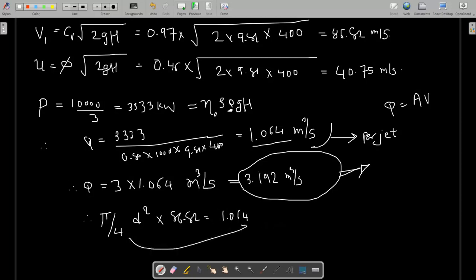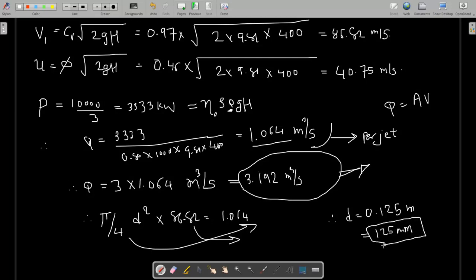So take this 4 on the other side, and 86.82 on the denominator. So the diameter, when you solve this, you will get 0.125 meter, but for ease of simplicity we are writing in mm, 125 mm. So this is the answer of the first question.